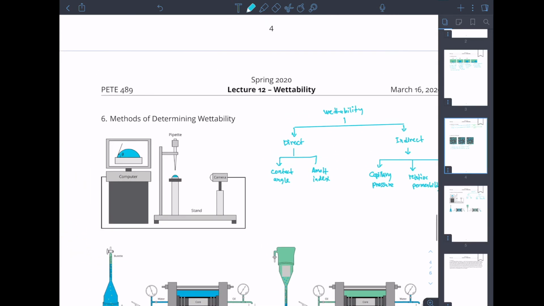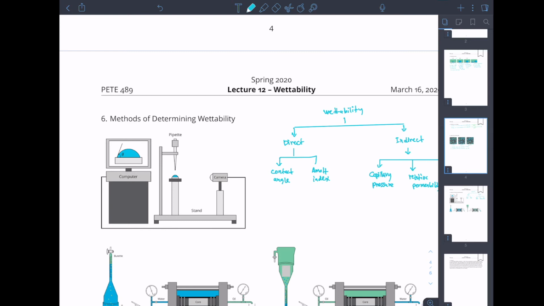So the first method, which is the contact angle, is actually a very straightforward and simple method. Imagine that you have your rock surface that you want to study. What you will do is place the surface that you want, and then drop the droplet that you want to study, water or oil, on the surface, or we can use water and oil depending on the cell and system that you use.